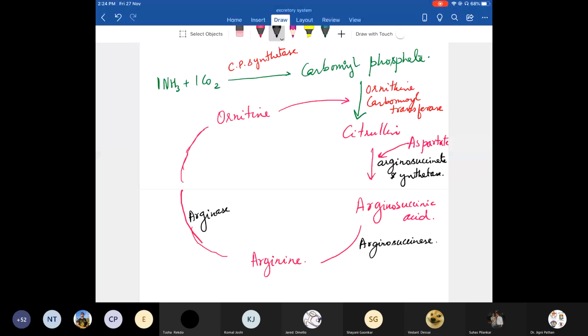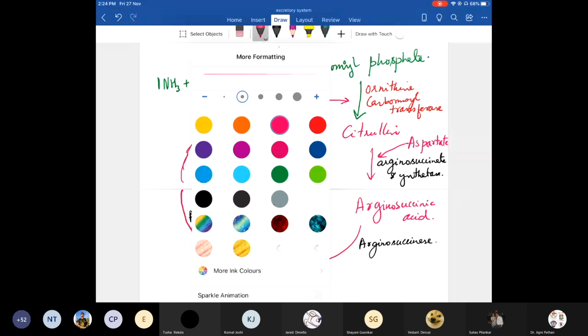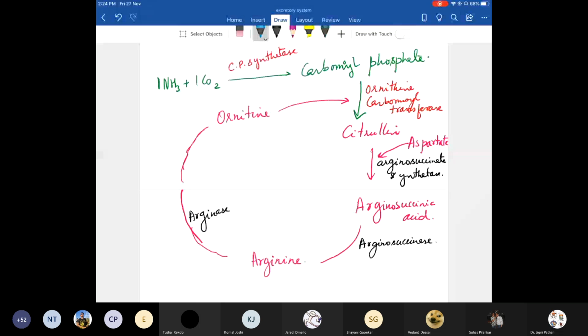Okay. Next, ATP. Let us add up the ATPs. 2 ATP is used up here. Altogether 3 ATPs, right? So 2 ATP is used up to give 2 ADP plus 2 Pi.